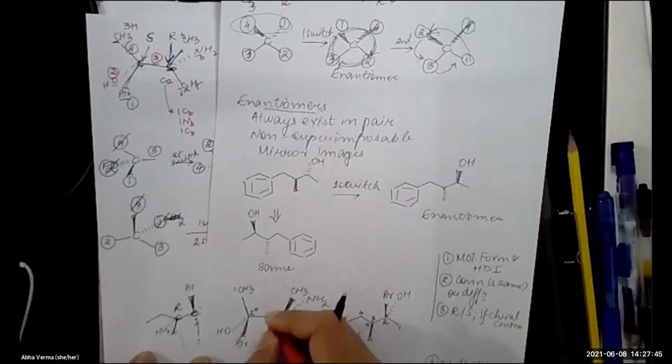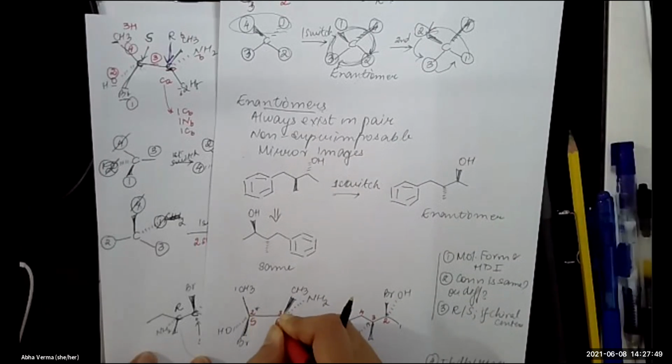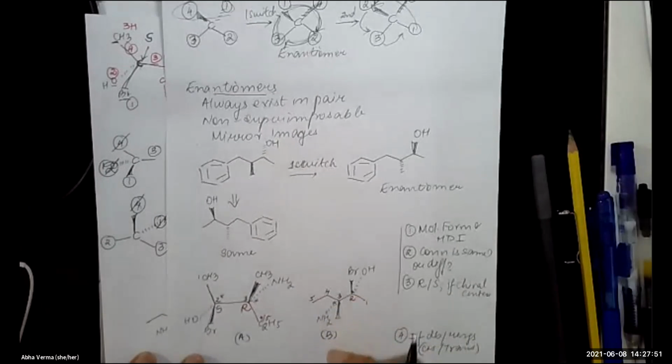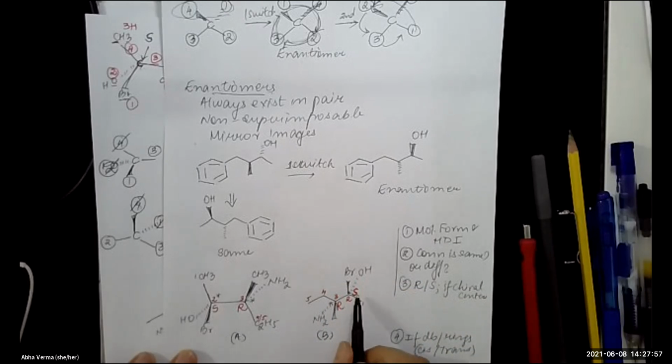And from this page, I'm just going to copy out. This is my S. This is my R. This is R. This is S. So we usually assign these configurations next to the carbon, the chiral atom we are looking at.